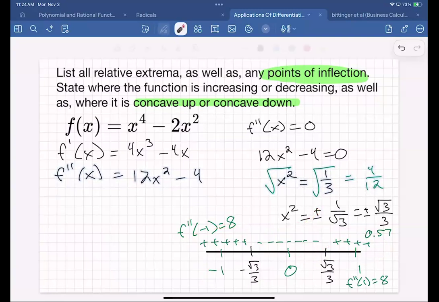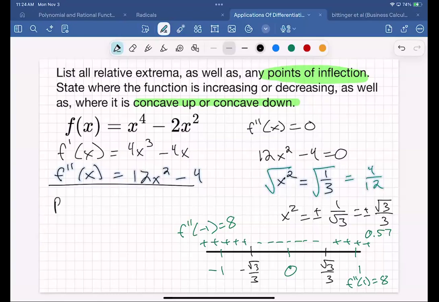But just make sure you see from here, once we get to this second derivative, we're able to say I have points of inflection at x equal to plus or minus square root of 3/3. Both of those points are fine. If you ever need the actual values, plug them into your function.